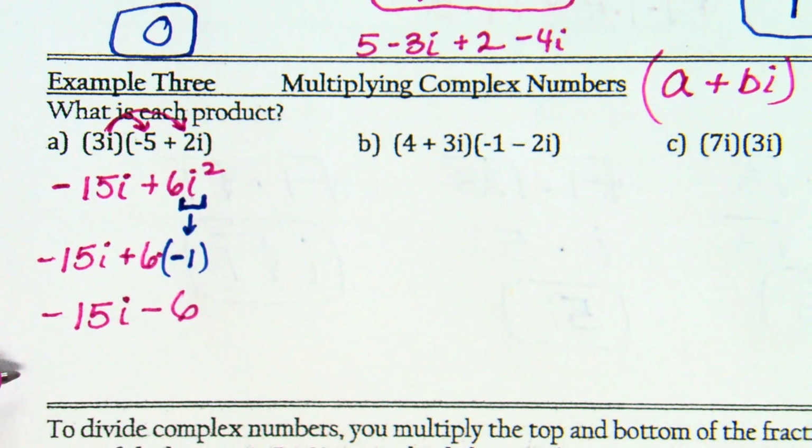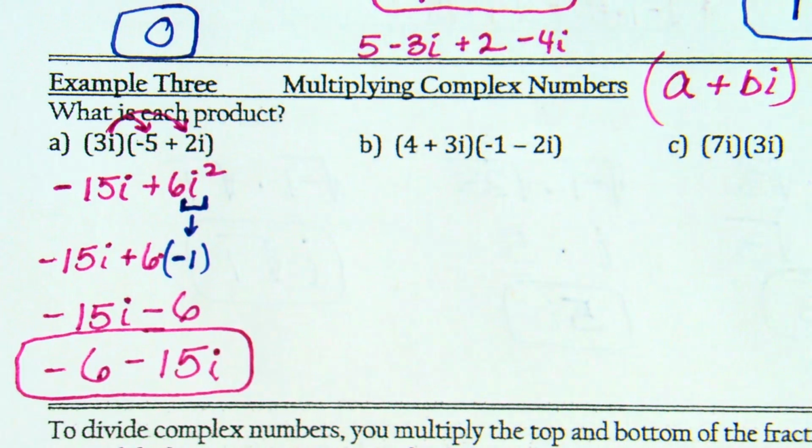The order. Okay? Meaning, the minus 6 is the real part, so I can put that first. And then the minus 15i is the imaginary part. And so, this best written would read negative 6 minus 15i. Okay? Questions on that?